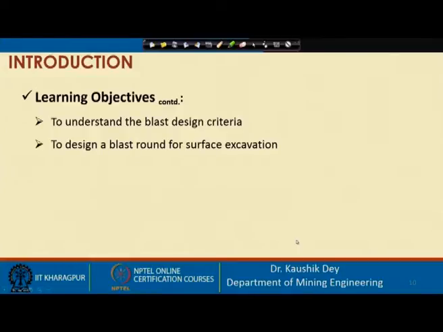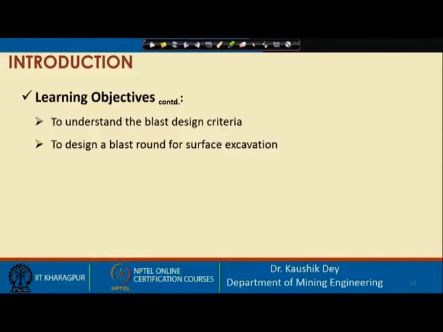This is the constraint which you need to address, this is the target which you need to address, and for that you have to design a blast. So, understanding of the blast design criteria is very important.